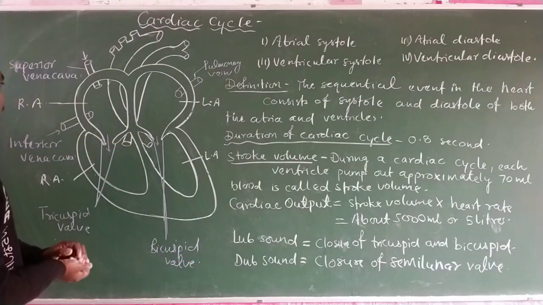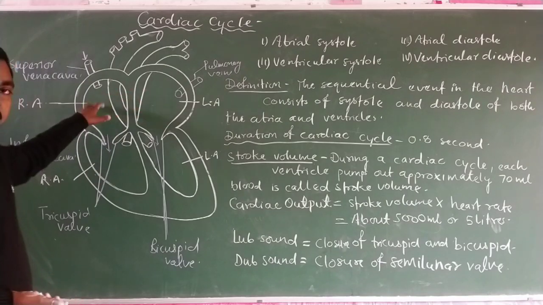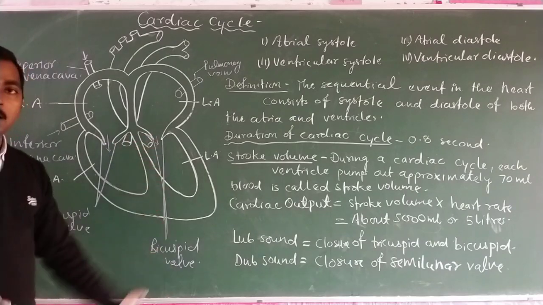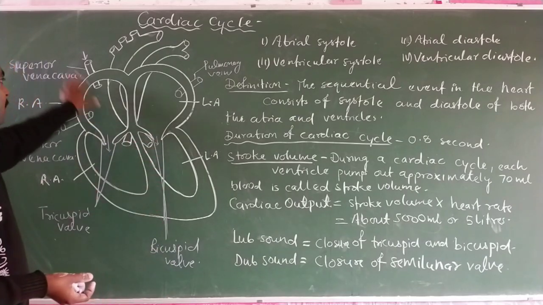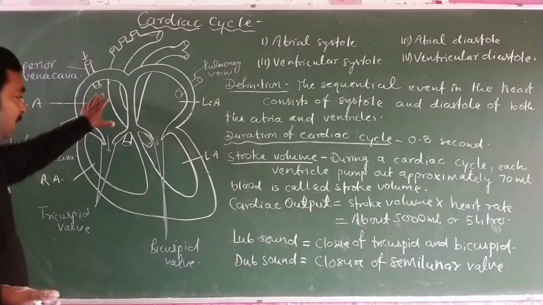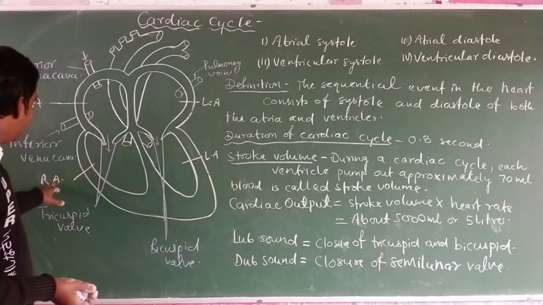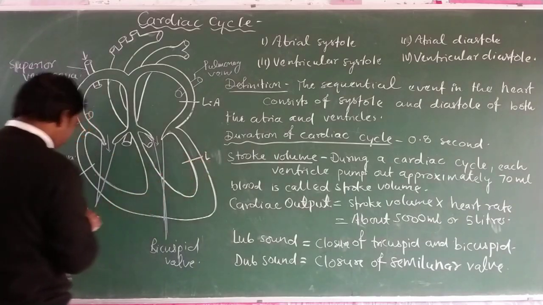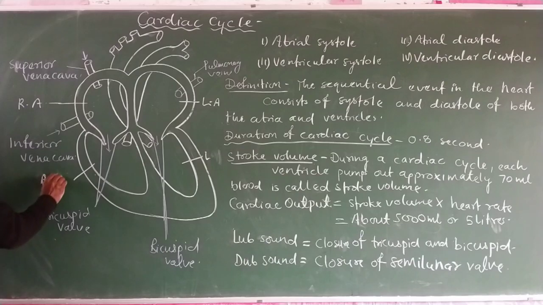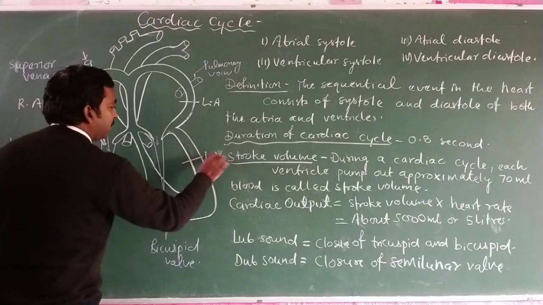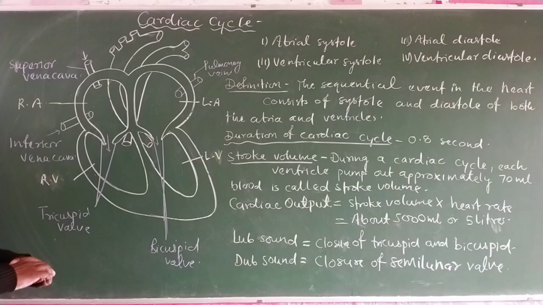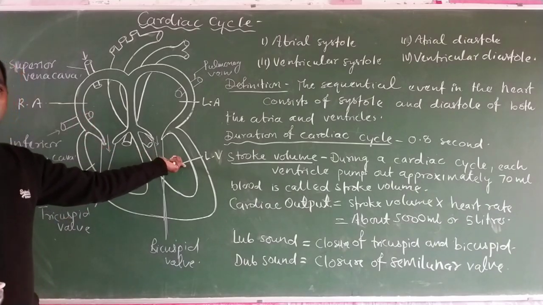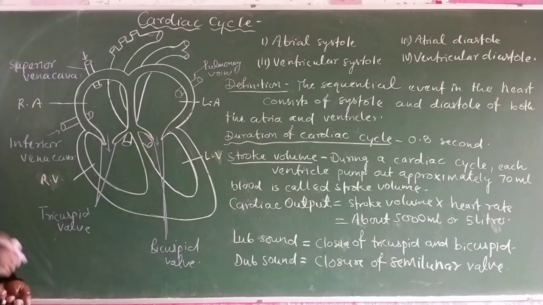During relaxation of both atria, these tricuspid and bicuspid valves remain open, so the blood collected into the atrium also comes into the ventricle. This is the right ventricle and this is the left ventricle. So blood also gets collected into the right and left ventricle from the atrium during the relaxation mode.